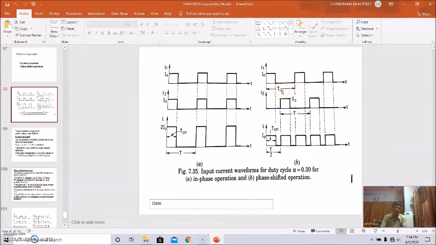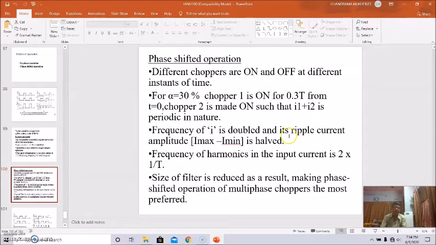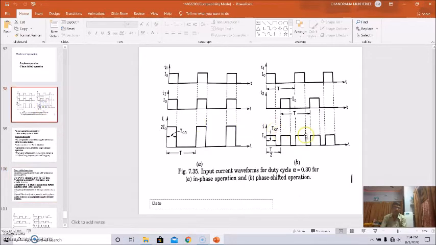The entire chopping period is the same, but choppers are operated on and off at different instants of time. For alpha equal to 30%, chopper 1 is on for 0.3 T from t equal to 0, and chopper 2 is made on such that I1 plus I2 is periodic in nature. That is shown here.